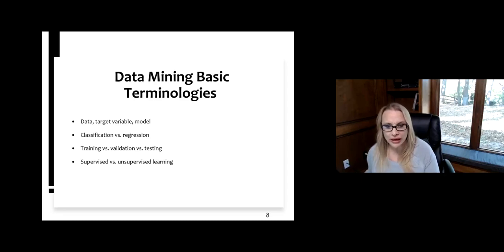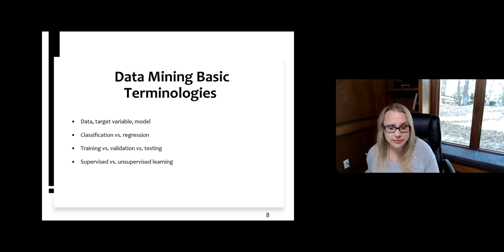where you're trying to predict a continuous variable or a continuous outcome. And then we have training versus validation versus testing data. When we train our models, we use the training data set, and then we validate that the model is not overfitting and that it is performing well on a set of data that it has not yet seen. Then we call that our validation data set.